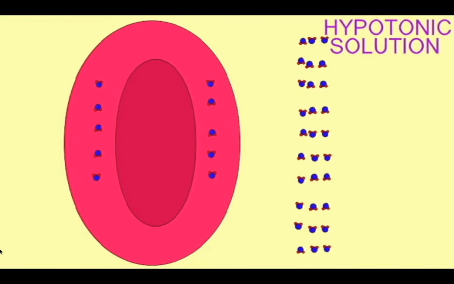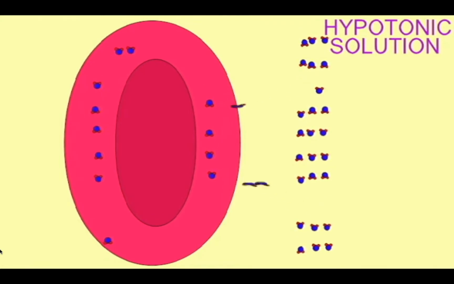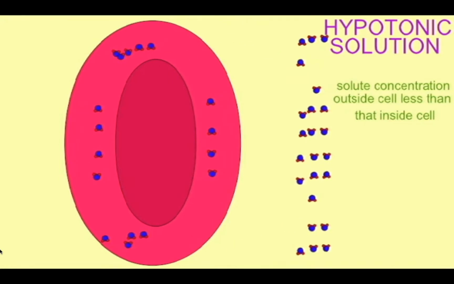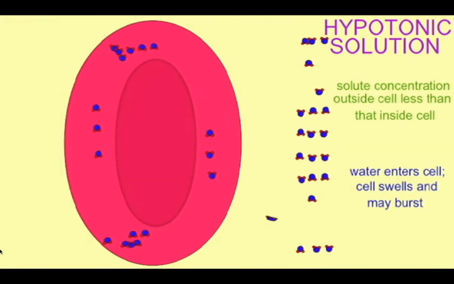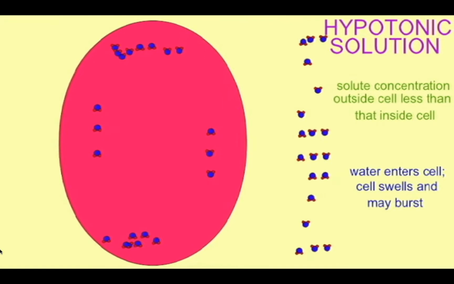When a cell is in a hypotonic solution, the solute concentration around the cell is less than what it is inside the cell. In fact, this hypotonic solution may even be pure distilled water, which would have no solutes whatsoever. Since water goes to where the solute is most concentrated, and since there are solutes in the cell but fewer, if any, solutes outside the cell, the water from the environment goes into the cell.